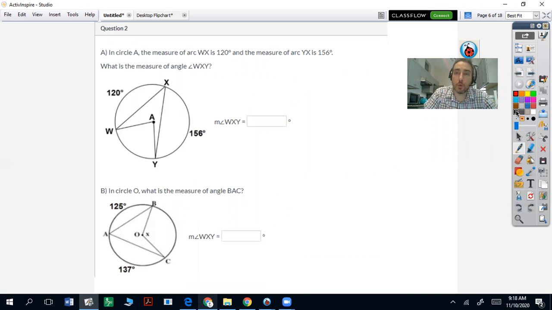In this problem, we have to find the measure of angle WXY, which is an inscribed angle, but it opens up to the arc that we don't have a measure for. So to get that measure of arc, you have to know that all your arcs in a circle add to 360 degrees. So we would first want to add those 2 numbers together.